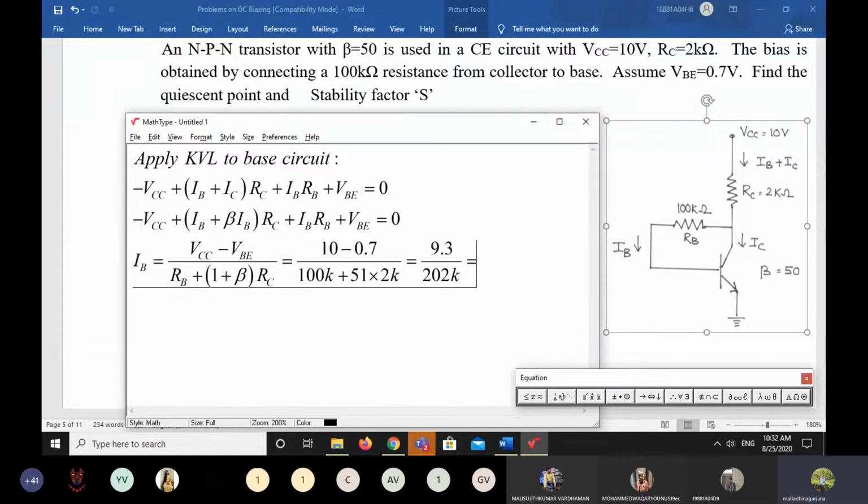9.3 divided by 202, the answer is 46.04 microamperes.